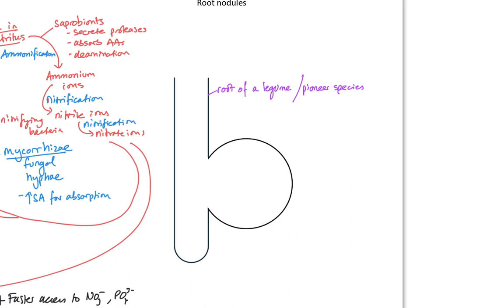Okay, so inside this is our nodule. It's a growth because in here are living bacteria. So these are bacteria living within this root nodule. These are nitrogen fixing bacteria.